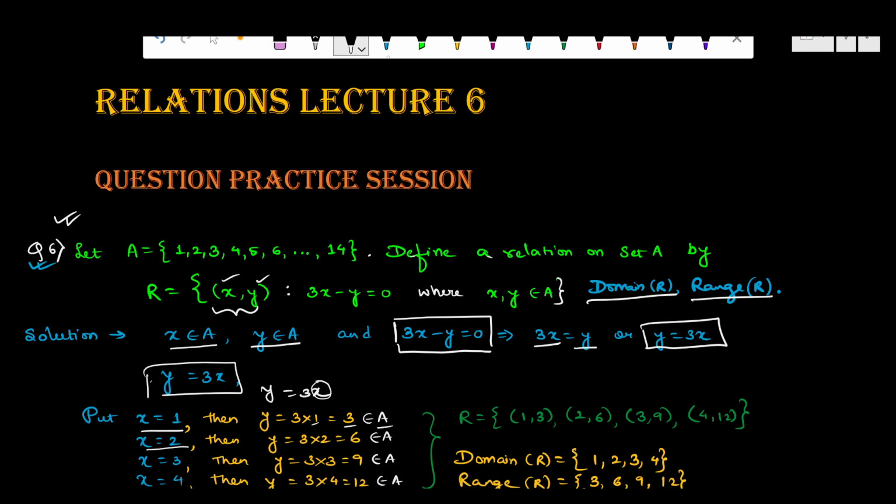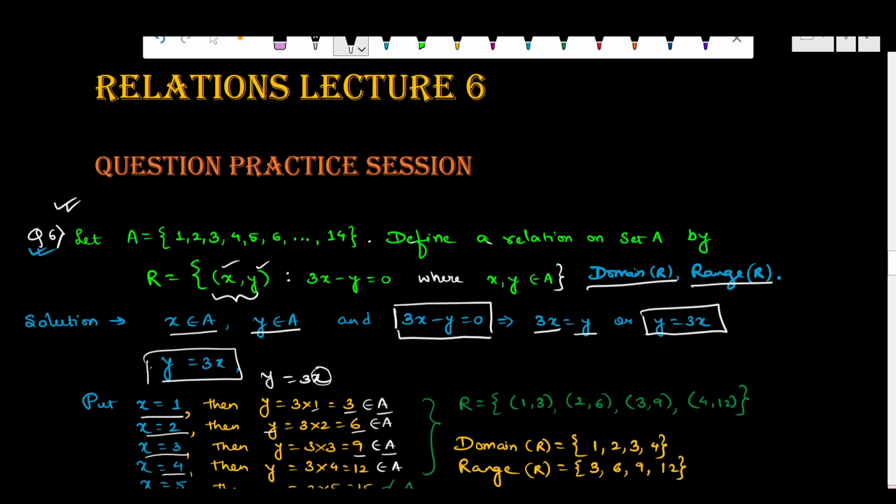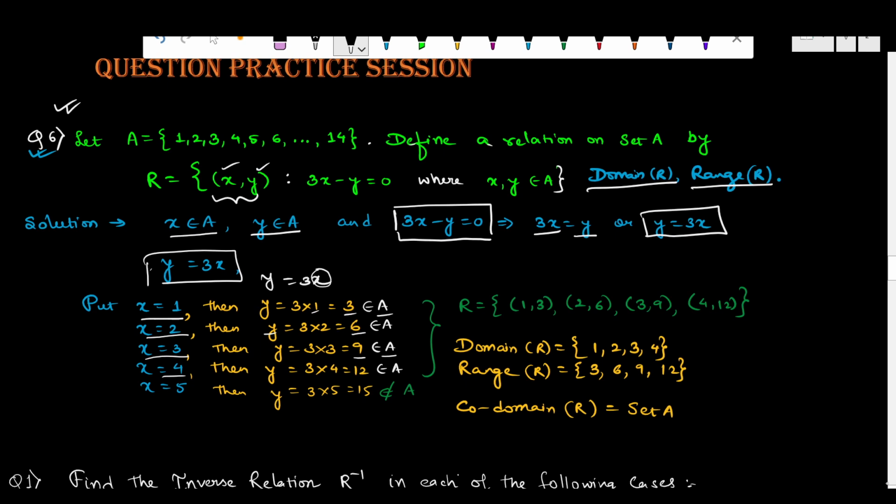Put x equals to 2, then y is equals to 3 into 2, 6, which also belongs to A. Put x equals to 3, then y equals to 9, which also belongs to A. Put x equals to 4, then y equals to 3 into 4, which is equal to 12, which belongs to A. But if you put x equals to 5, then y equals to 3 into 5, which is 15, and 15 does not belong to A, as A contains elements from 1 to 14.